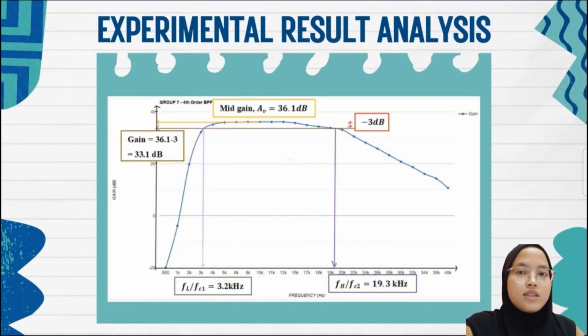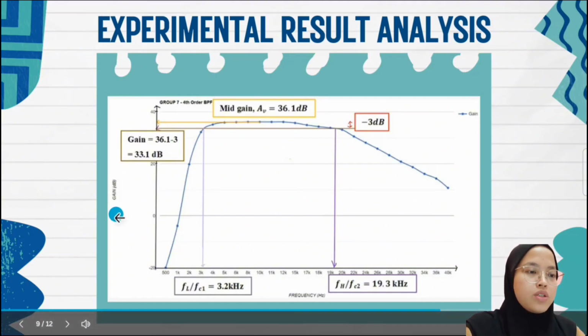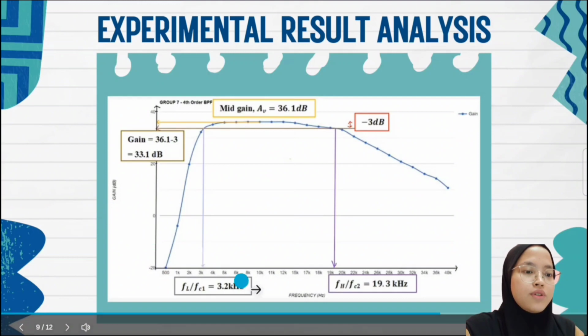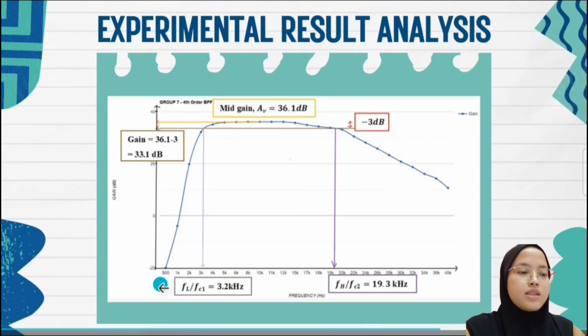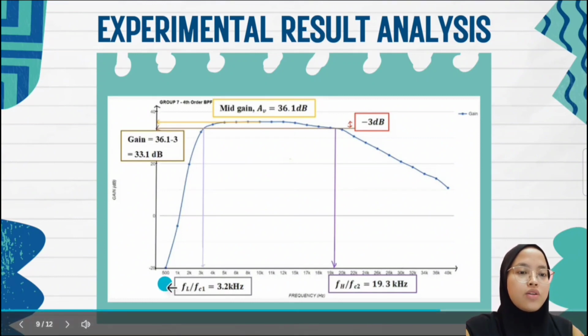So this is the graph that we plot, which is the gain versus frequency. For the data that we collected from the experiment, we chose the frequency range starting from 500 Hz to 40 kHz.